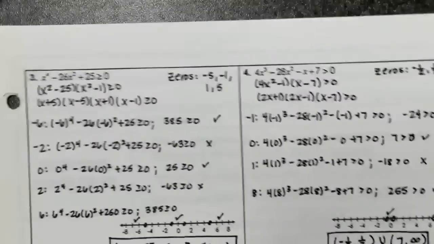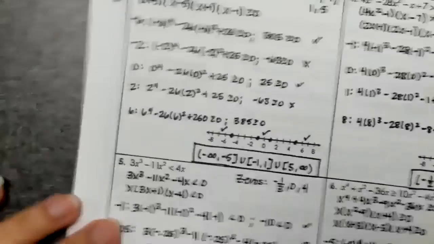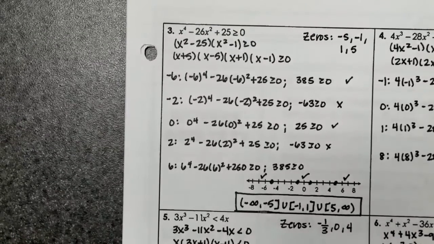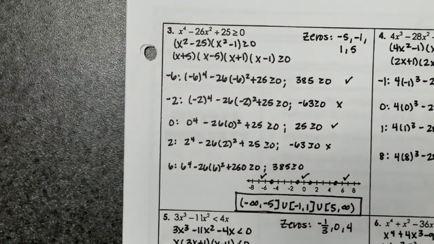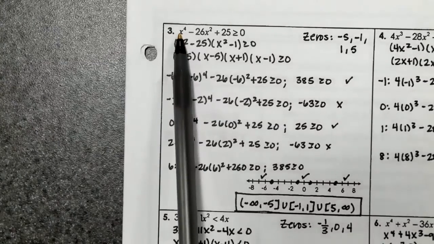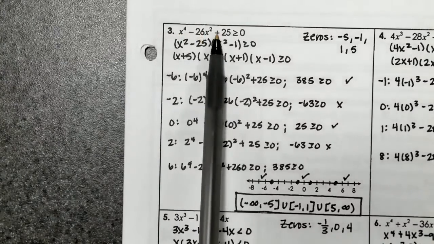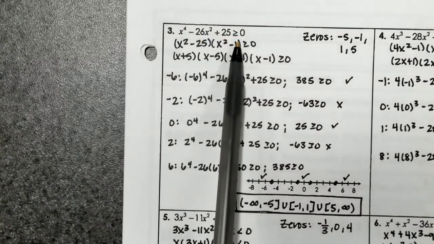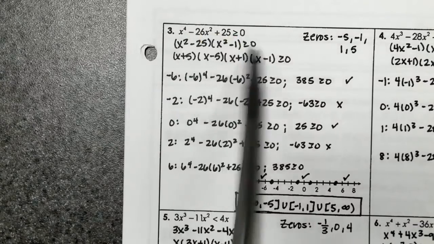All right, we all have this? Next page. All right, let's look at this one. Okay, so here we have x to the 4th minus 26x squared plus 25 is greater than or equal to 0. So now we're going to throw in a greater than or equal to.